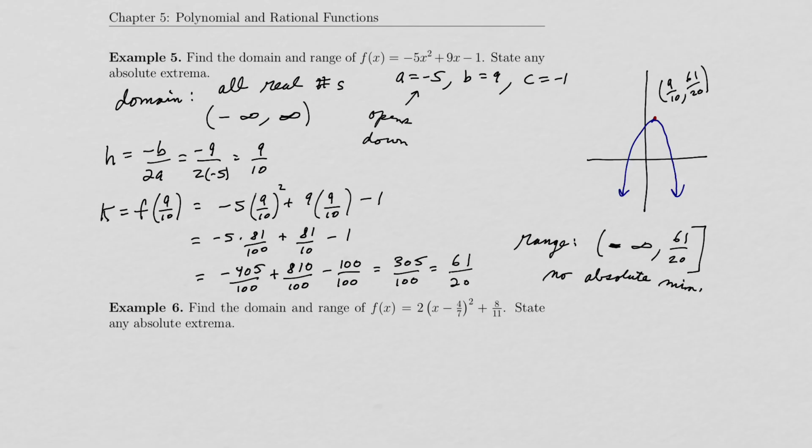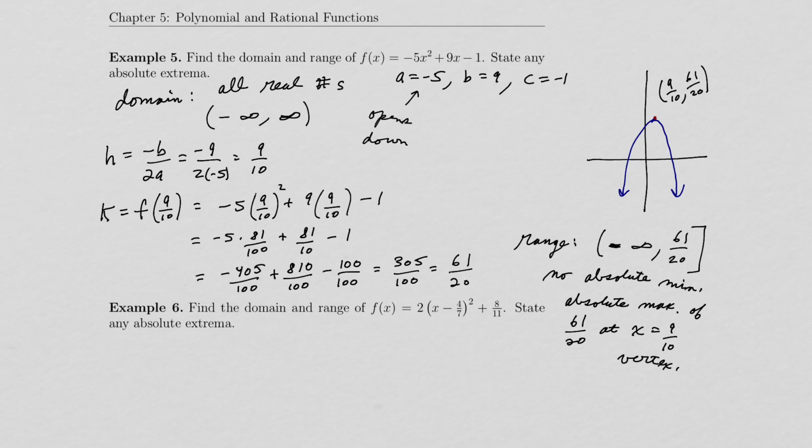So you could say there's an absolute max of, it has a value of 61/20 at x equals 9/10, right? It's at the vertex. And by the way, that's also a relative maximum too, right? Because that's where a hill is. So it's also a relative maximum. But since it's the highest point of the entire function, it's also an absolute maximum. So right at the vertex, we have the absolute maximum.